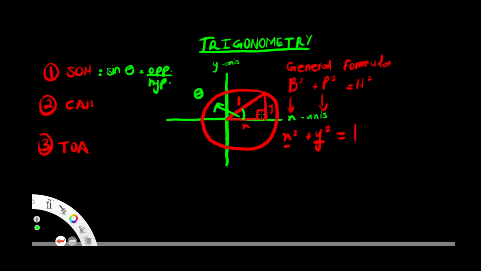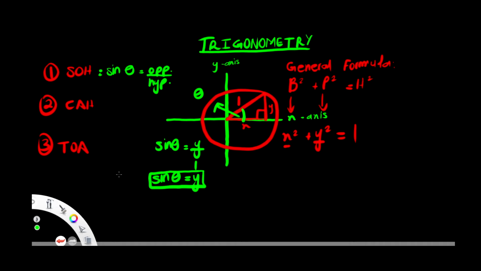So for this triangle, the opposite would be the side that is opposite to this angle. So this is some angle theta, and the side opposite to this angle is y. Therefore, sine theta equals y upon the hypotenuse. The hypotenuse is the longest side of a triangle, and in this case it is the radius, or the value 1. So anything divided by the number 1 is the number itself.